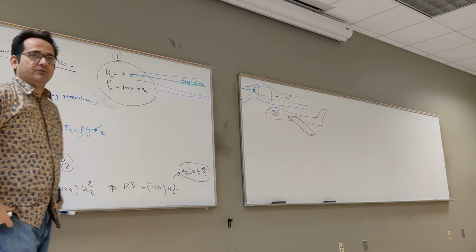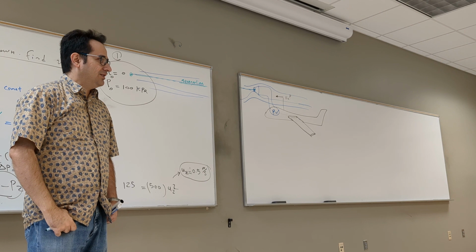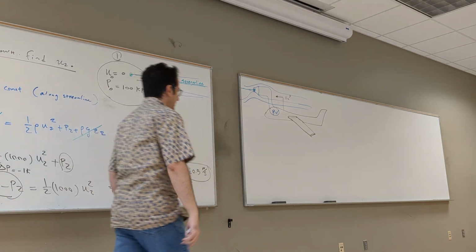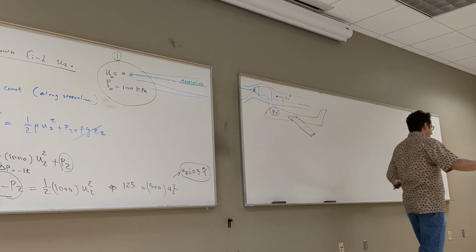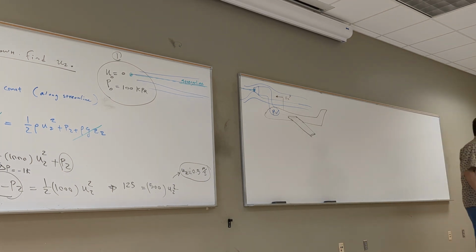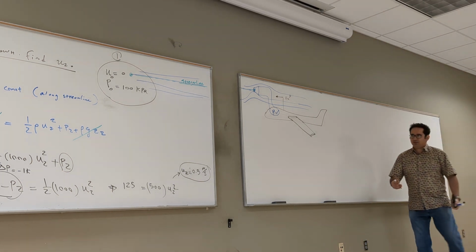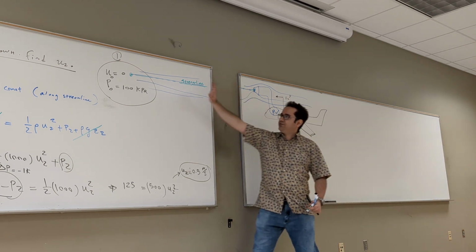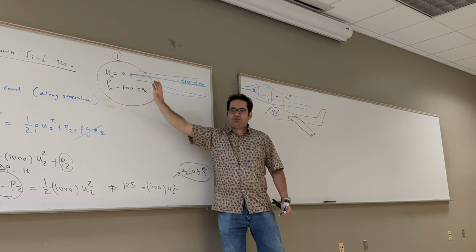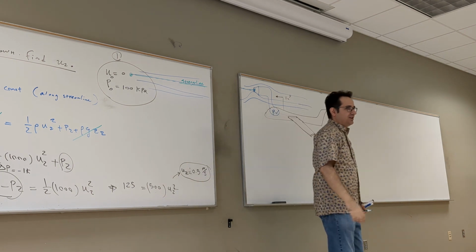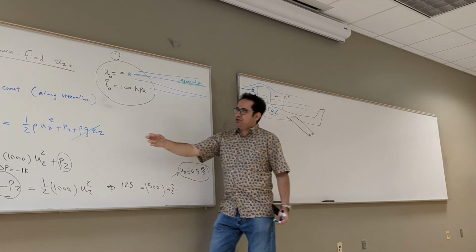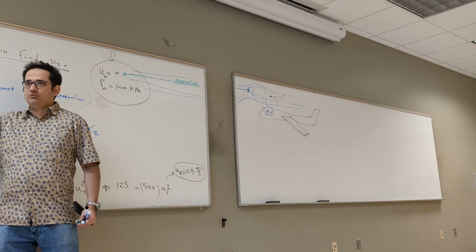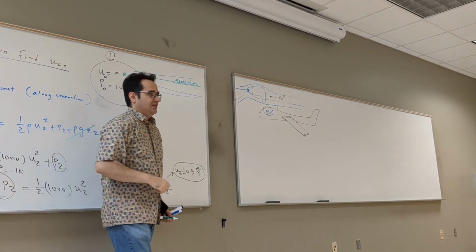Can we write the Bernoulli equation? Yeah. Honestly, why not? Why? Let's say this aircraft is flying with a very low speed. We can, right? Because you see, nobody is touching the free stream. There is no viscosity, there is no dissipation, and the speed is low. So the assumption of incompressible, you see, in this equation, rho is constant in value.